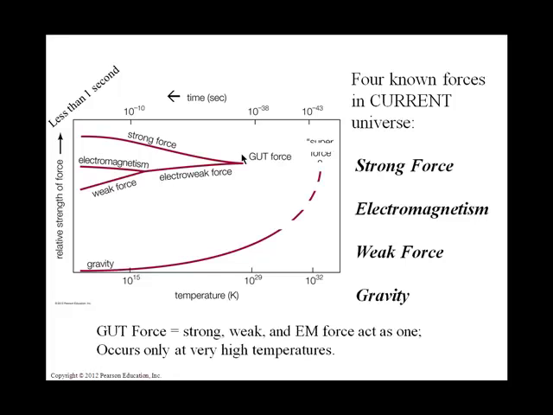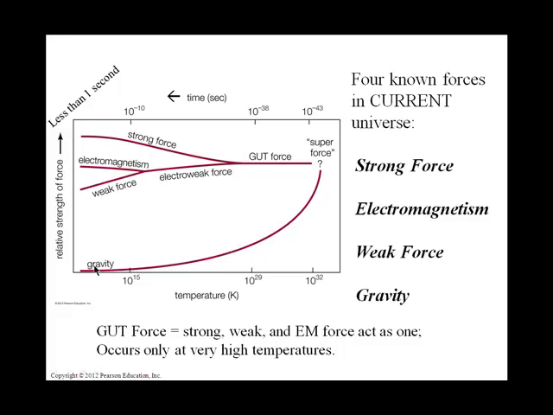Okay. Moving back even further, we see that the strong force joins in with the electroweak force. So those three forces, the strong force, the electromagnetic force, and the weak force, join together. They were joined together shortly after the Big Bang, and they're called the GUT force.